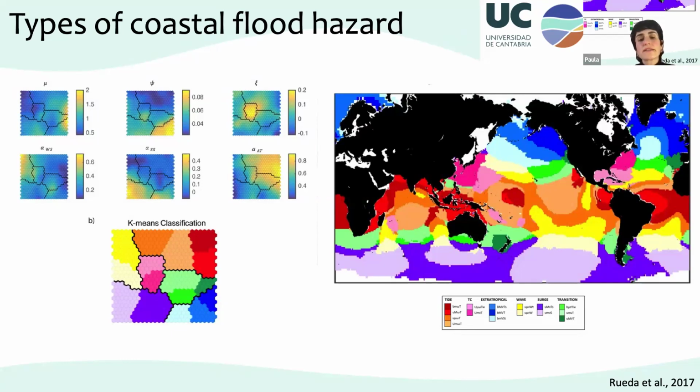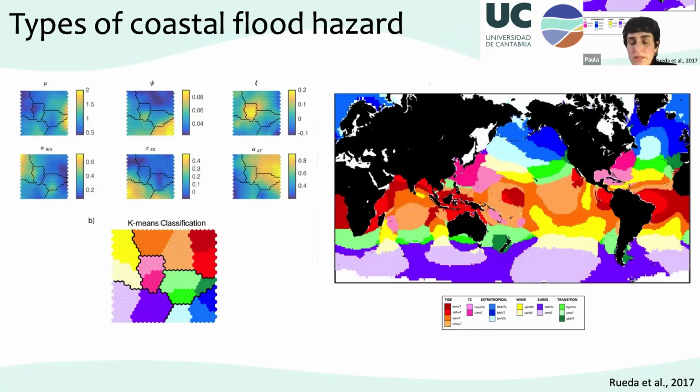After that, we can summarize these clusters in a lower number of groups by using the K-means algorithm. In this case, 16 types of coastal flood hazard give us information about whether the stream is bounded or not, or what the dominant driver is.